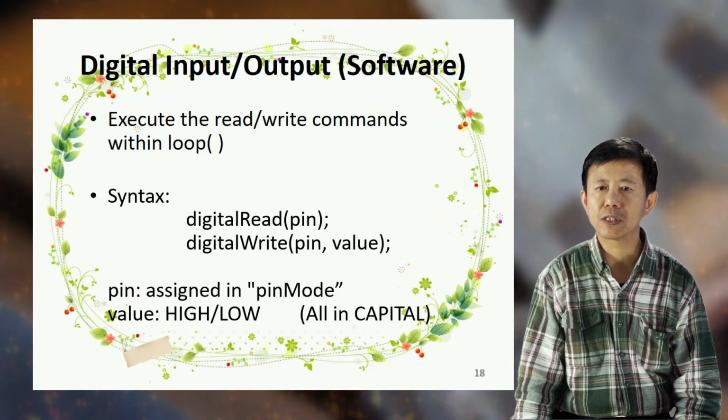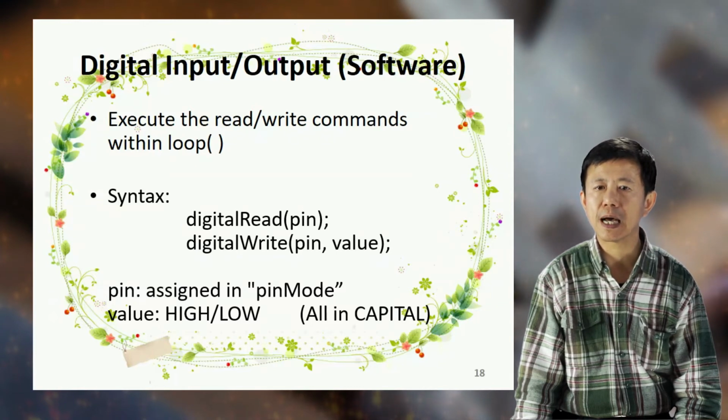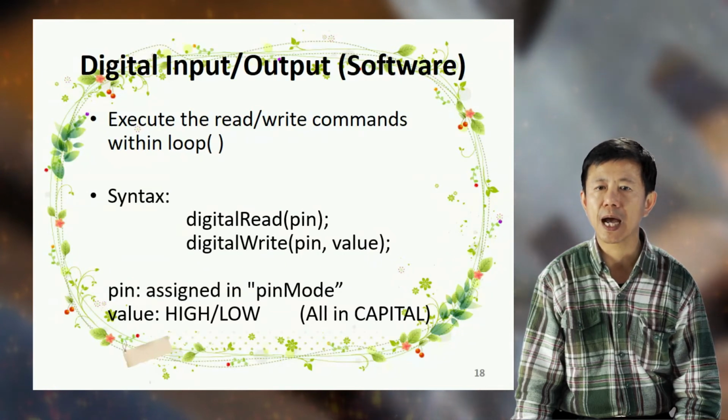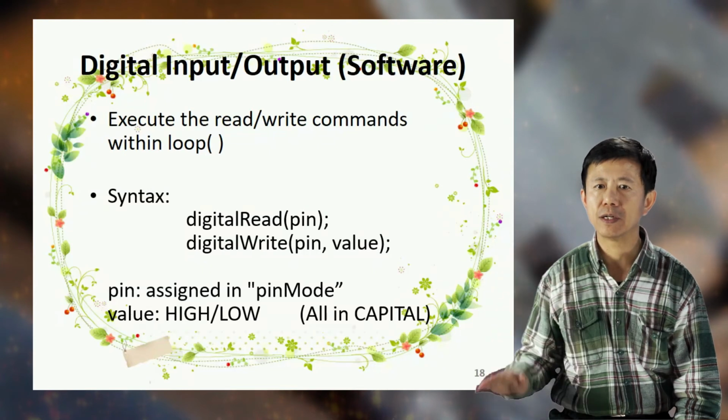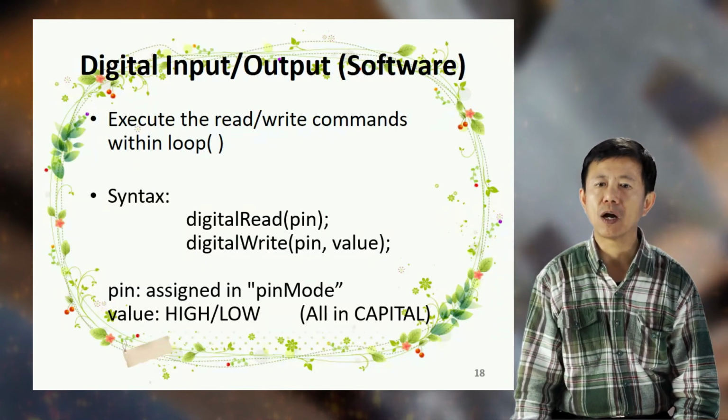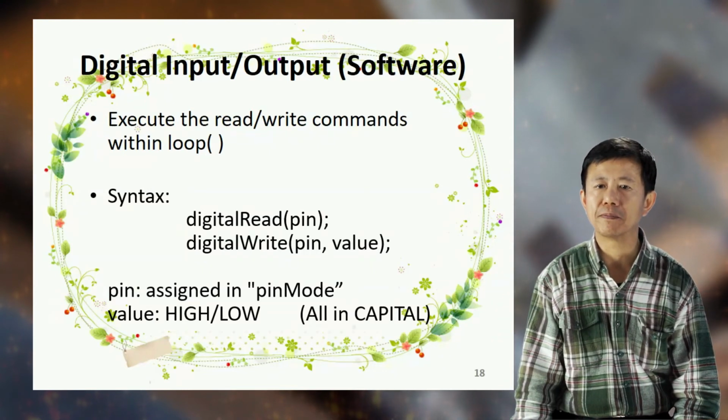And the syntax for digital output is digitalWrite, with arguments in order of the assigned pin number and the desired value, and ends with a semicolon. The pin number is assigned in pinMode, and the value is one of the two actions, HIGH and LOW. Please note that all letters in the argument value should be in capital.